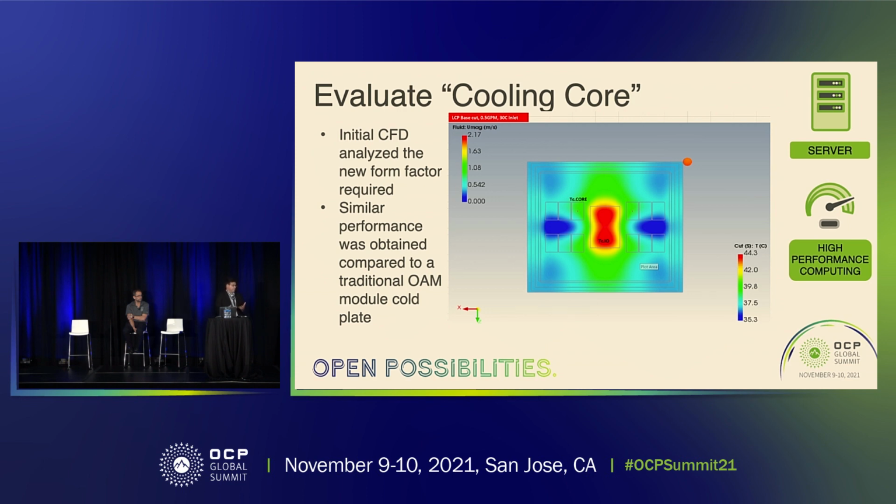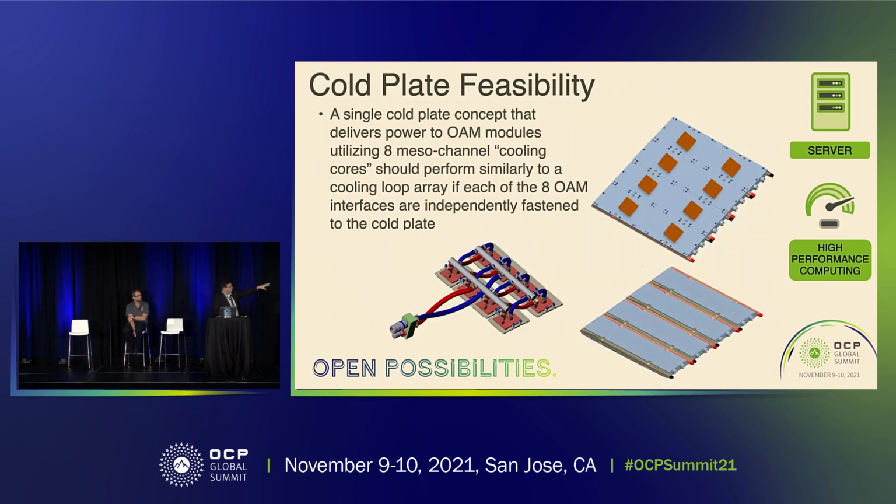So in this case, not having that thermal plate and reducing that interface says that we can create a similar interface because each module is self-loading. So we don't have the issue of having a coplanarity between each mesochannel core.